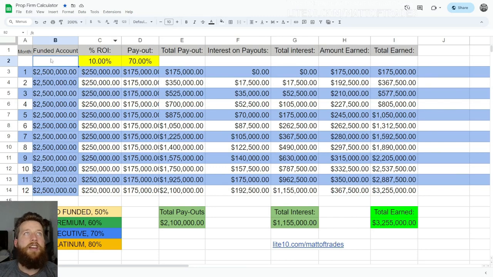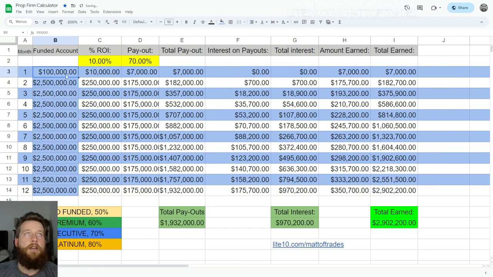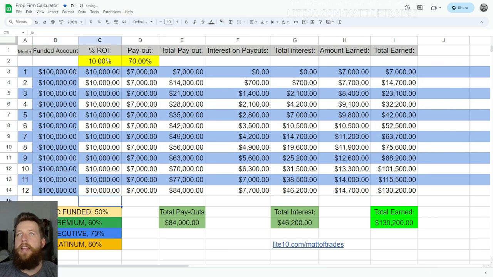But I think, maybe this is just a mental block on my part, getting a $100,000 account from a prop firm, if you're able to qualify for that, you are in a position to where you can get yourself to be able to trade full-time, not using your own money, at least initially. So, like I said, 10% of $100,000 is $10,000. You keep 70% of that, so you get paid $7,000.